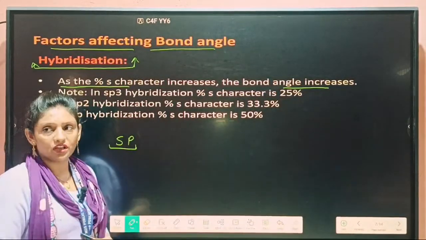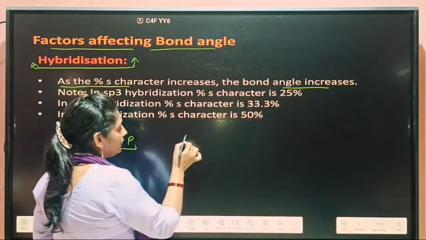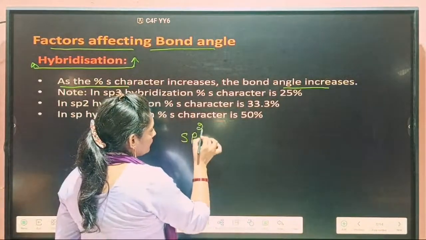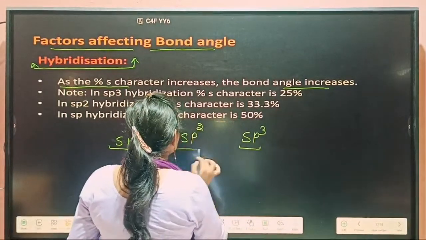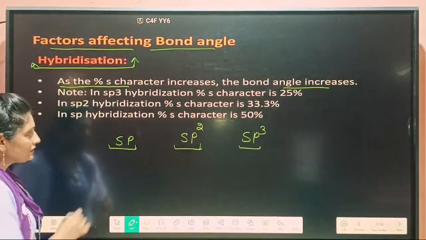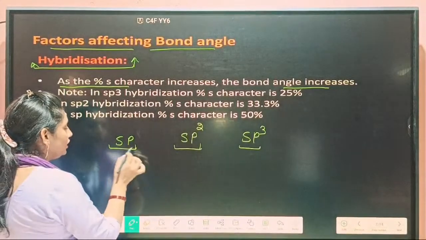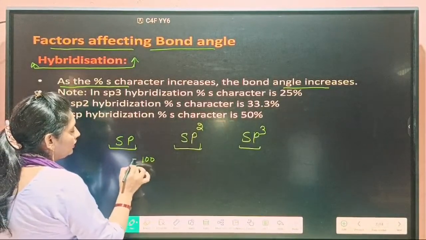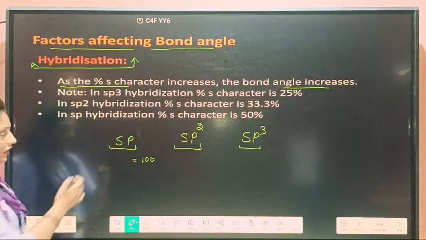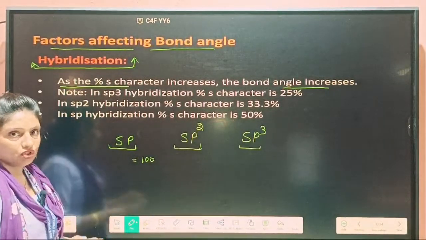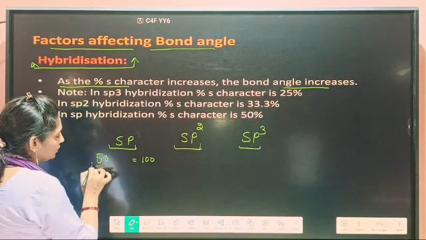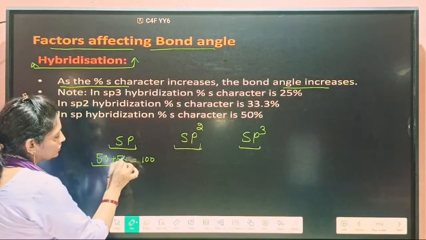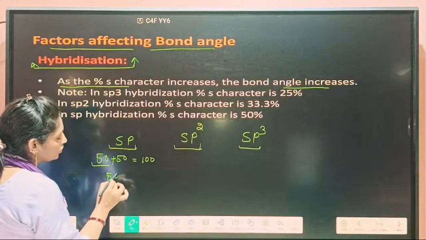There are hybridizations like sp, sp2, sp3. Okay, students. In sp, if I consider a total of 100, then 1s and 1p are in equal parts, so 50% and 50%.